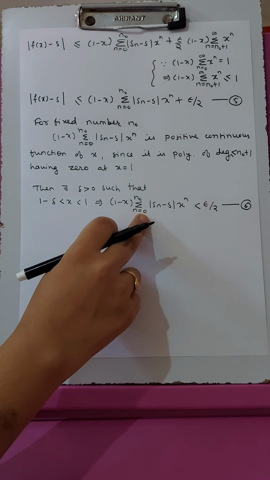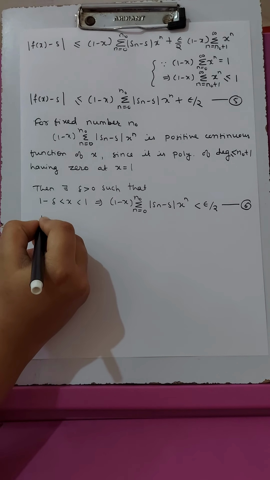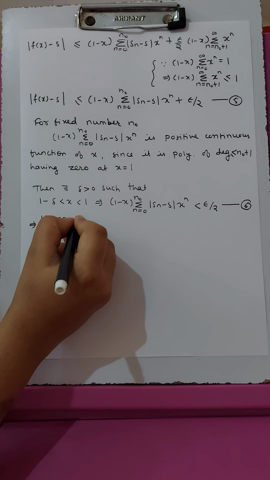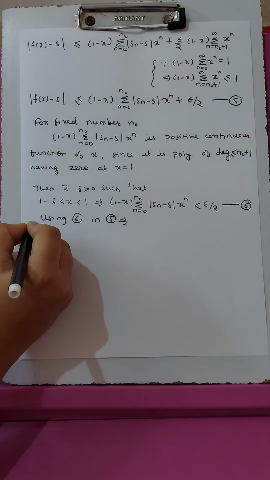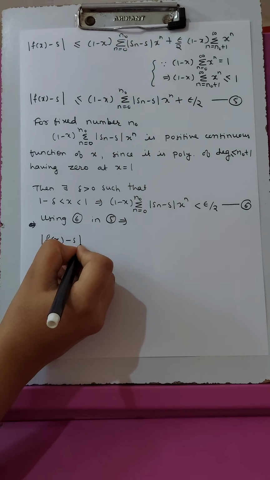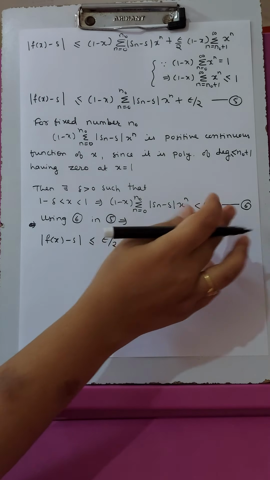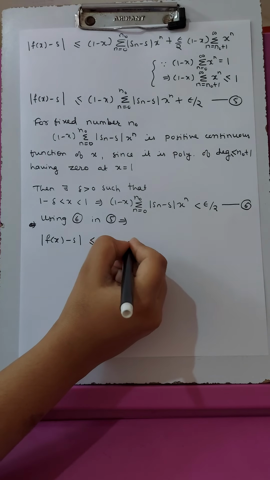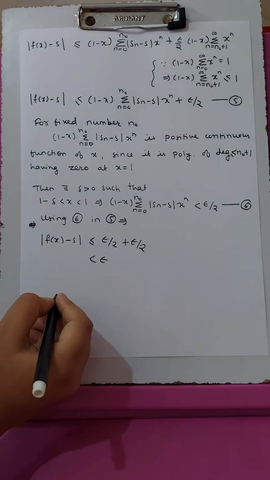Now using 6 in 5 we get that mod of f of x minus s is less than epsilon by 2 from 6, plus epsilon by 2, which is less than epsilon.